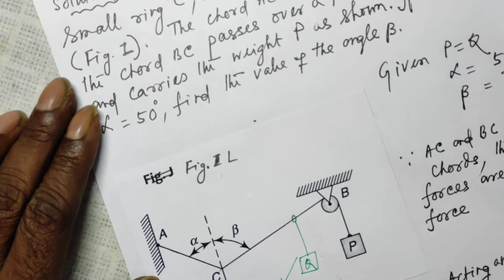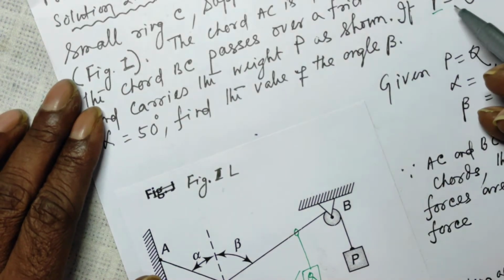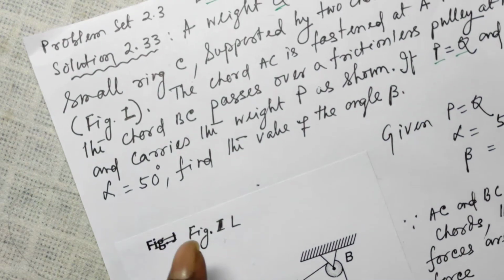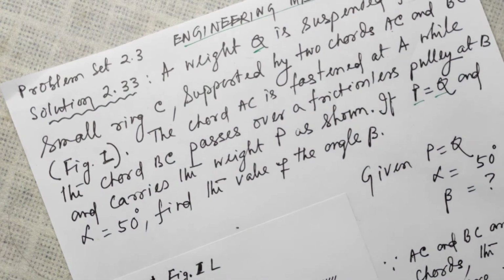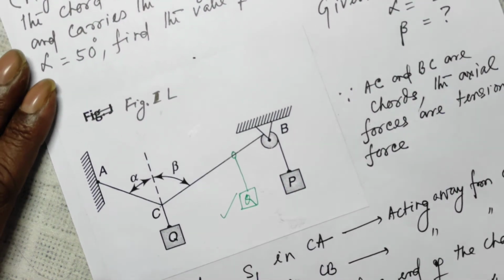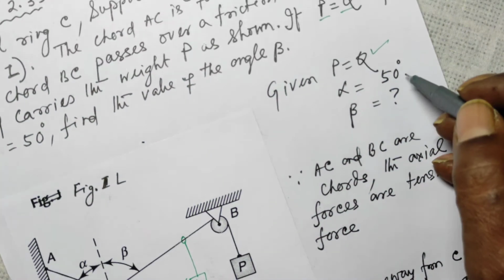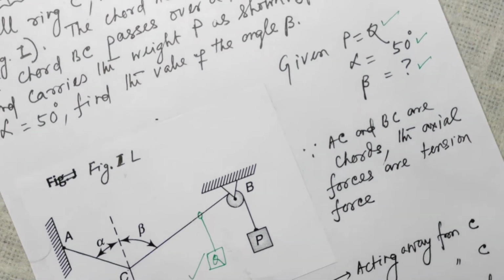If P is equal to Q, the value of load P and value of load Q are equal, and given alpha is equal to 50 degrees, find the value of angle beta. So what is given, I have written here: P is equal to Q, alpha is equal to 50 degrees, beta is to be found out.